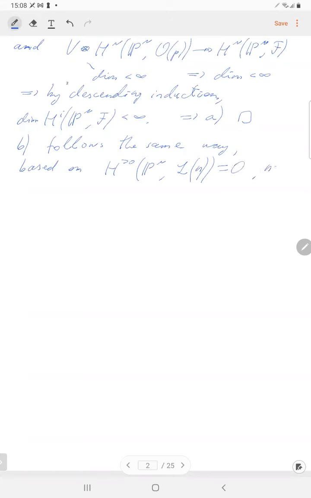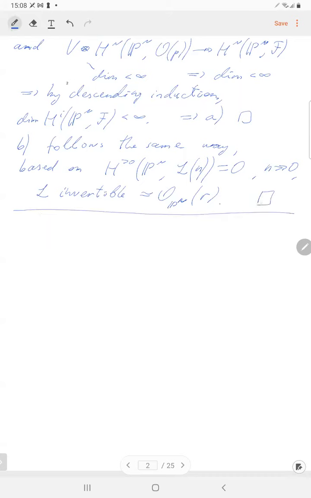So here n is very positive, and L is invertible, so it's isomorphic to O of something. Fine. So we proved this finiteness theorem.